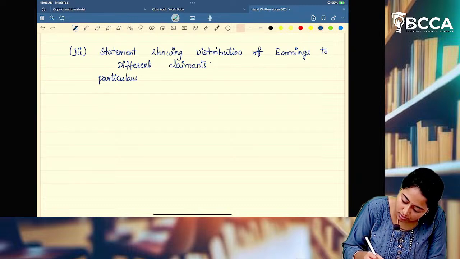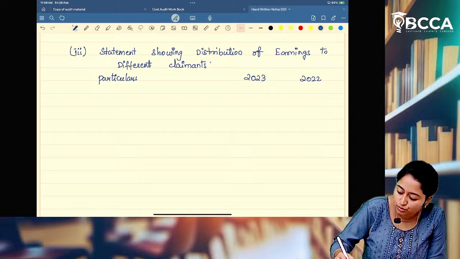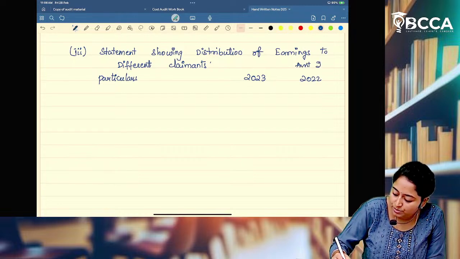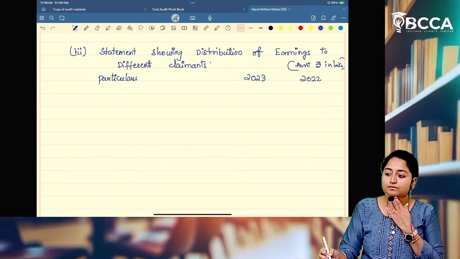Particulars, 2023 and 2022. Amount rupees in lakhs. Okay.